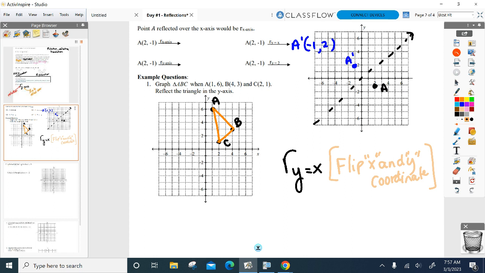All right, so go ahead right now. I'll walk around and take a look. Take each point separately, reflect it over the y. Make sure you're doing it over the y-axis. Count the distance, match it on the other side.